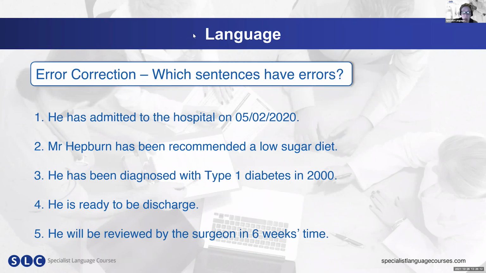Some of them are right and some of them are wrong. Which sentences contain a grammatical error? If you could pop in the chat box now, which ones have a grammatical error? Which sentences?